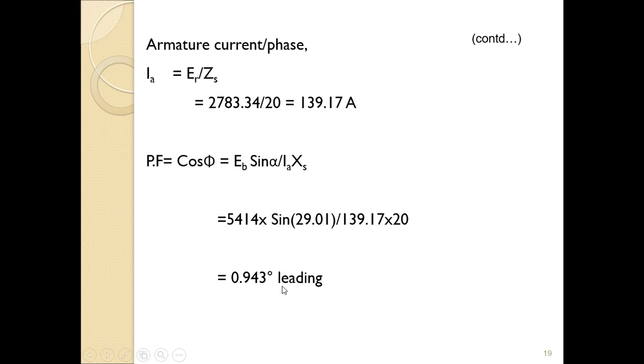So when the input is increased from 1000 kilowatts to 1500 kilowatts, the new power factor is 0.943 leading.